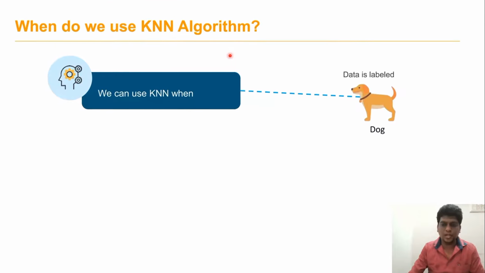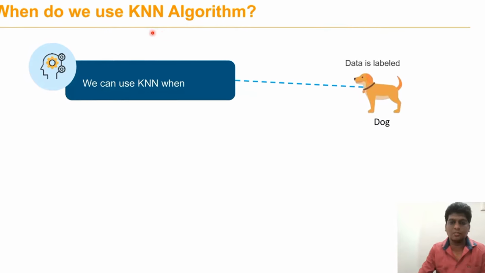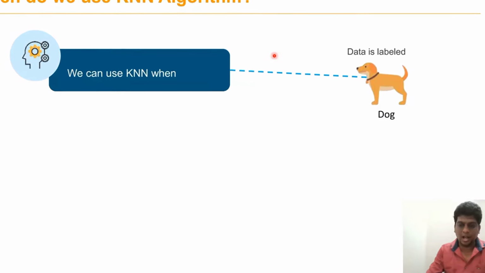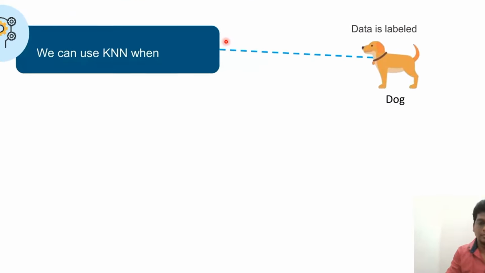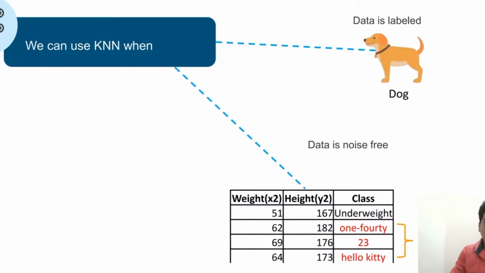The main thing to be noted for a KNN algorithm is that all the data should be in a labeled form. Next, the data which we provide during the training must be noise free. For example, here you can see a person's weight and height is defined, and which class they are going to belong to, whether they are underweight, overweight or normal.